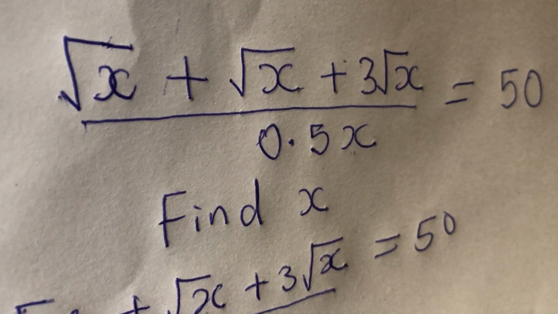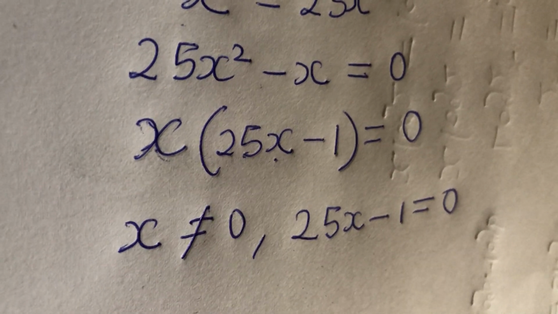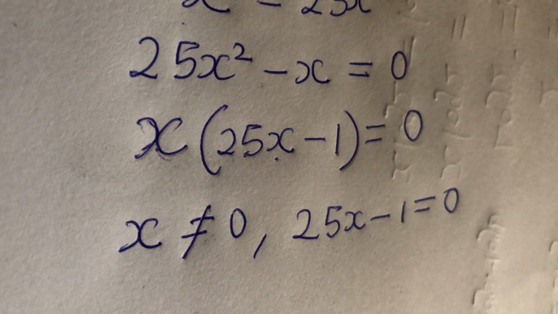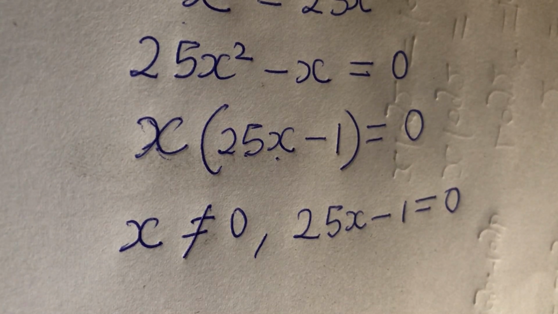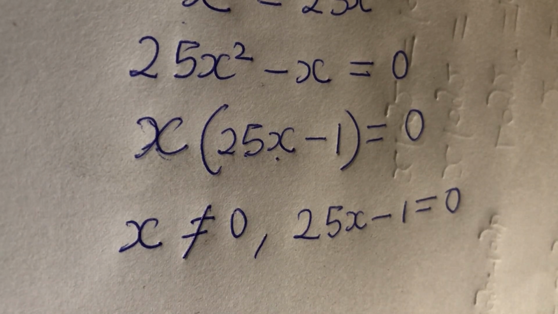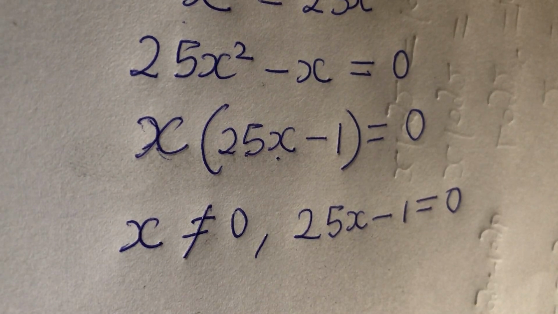So that implies that x cannot be equal to 0. According to the domain, 0 is not the answer, because if you put x to be 0, what you are going to get is 0 over 0, which is not supposed to be.